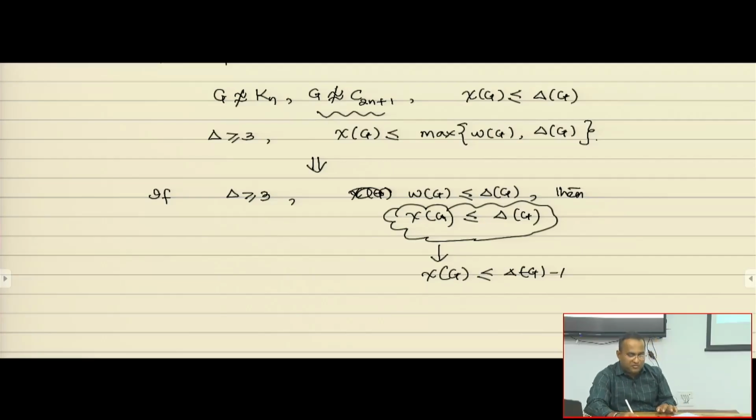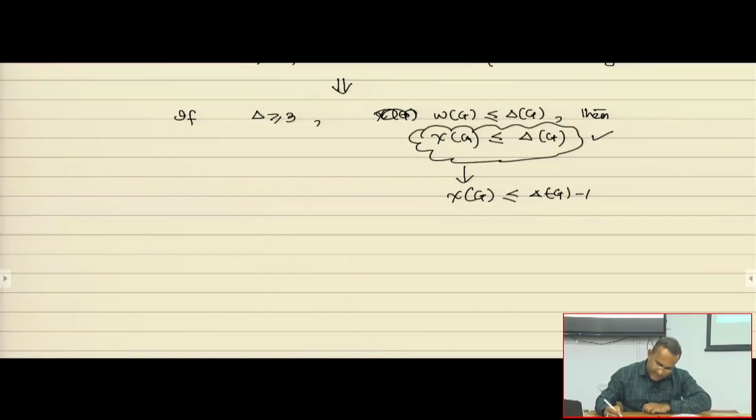This is called the Brooks bound. So can we make chi g at most delta minus 1? In fact, it is a conjecture by Borodin and Kostochka.